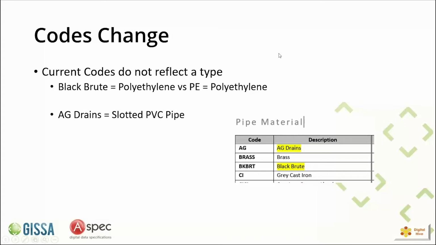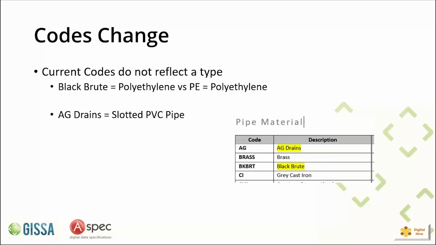Okay. Now, in this case, we've also created some ambiguity in that we've got black brute as a pipe material, and we've got AG drains as a pipe material. The reality is that black brute is actually polyethylene, and we already have an entry for polyethylene.